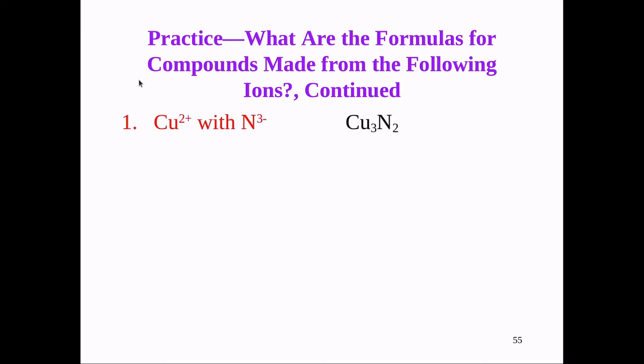So if we have copper 2 with nitride 3-, we're going to get Cu3N2. And if we have iron 3+ with our bromide ion, we're going to get FeBr3. Again, we're just canceling them out.